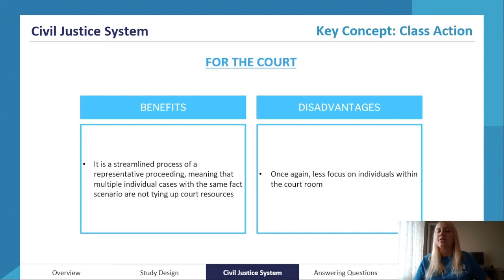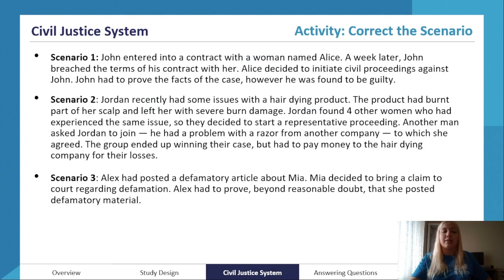Remember, because the standard of proof is only on the balance of probabilities, there's always the chance that someone else could have been the lead plaintiff and could have had a stronger case against the defendant that would have been successful, or the chance that the company didn't do something wrong, or the chance that some of the members in the plaintiff group didn't suffer the same extent of civil loss and they shouldn't get the same remedy and the same amount of damages. So there's always the potential for many of those things.